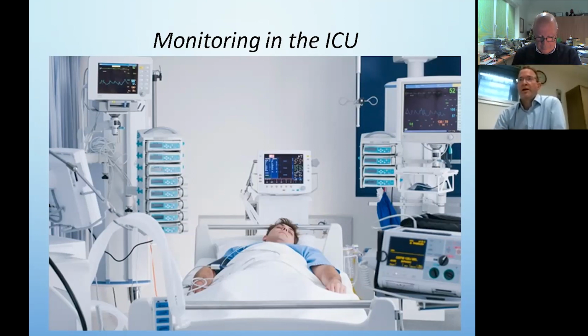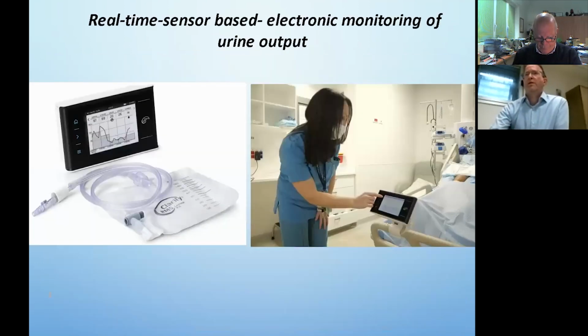Now, generally, urine output monitoring in the ICU is performed by the ICU nurses with manual emptying of the urine bag and manual charting of urinary output. The recently introduced RenalSense system is a real-time sensor-based electronic monitoring of the urine output, which enable us to detect early and dynamic trends of urine output changes with possible interventions in response.